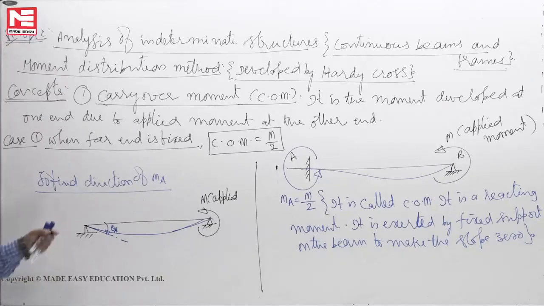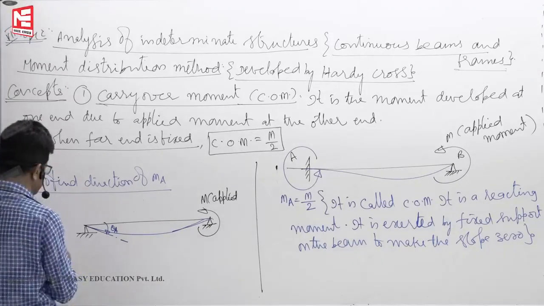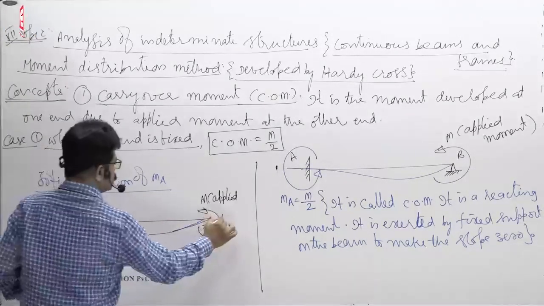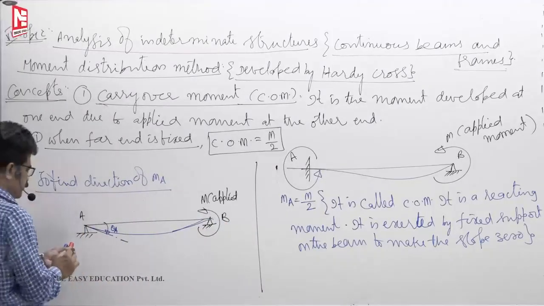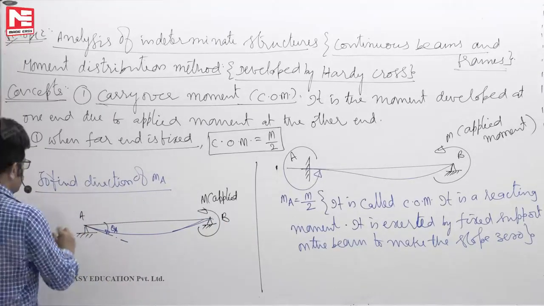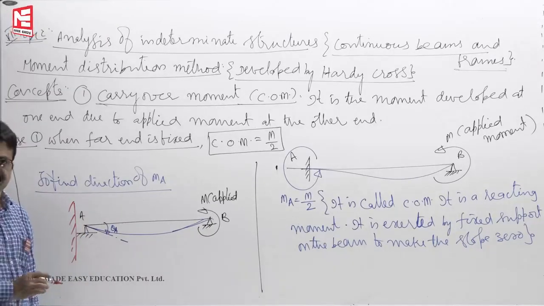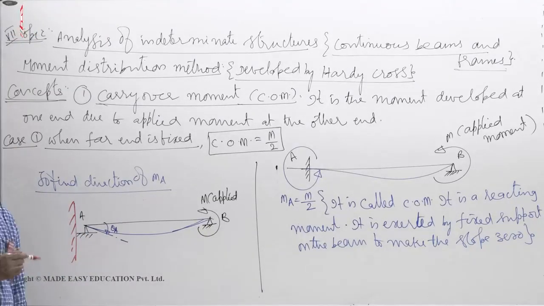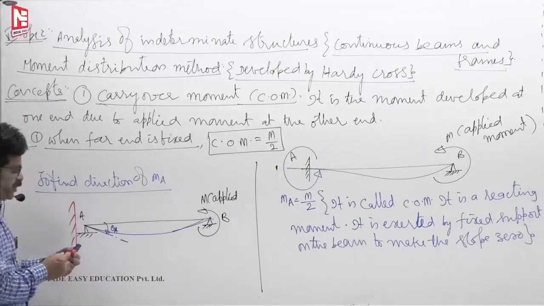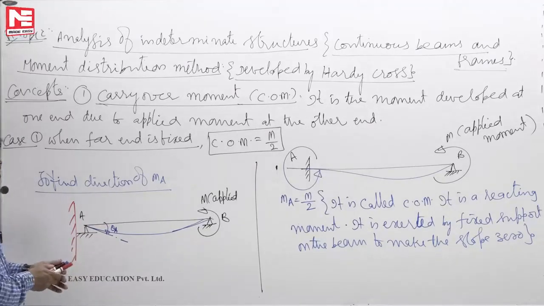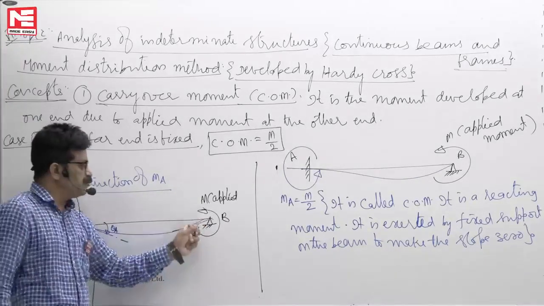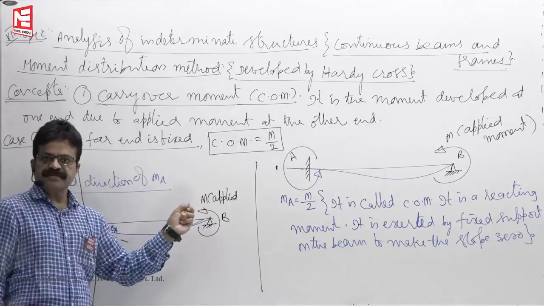Now what is the purpose of the fixed support at A? At the fixed support, slope is not possible. Now what should the fixed support do? It should try to make the slope 0. If you think the applied moment is anti-clockwise, that's the action.